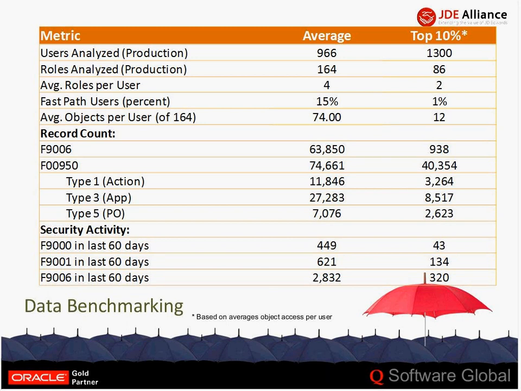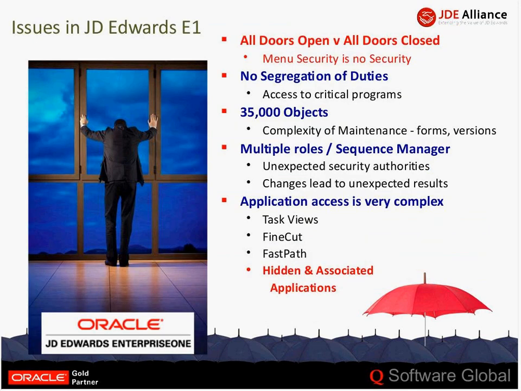So it's doable. If you have a large number of users, or as your user count starts to grow, you can actually consolidate your security and make it much easier to work with. So that's all doors open versus all doors closed, this idea that menu security is no security. If you're trying to secure JD Edwards by controlling people through menus, we have a way of proving how effective that is, again through our audit.